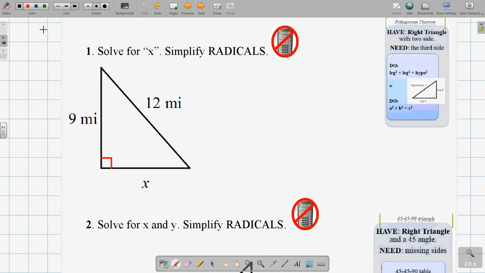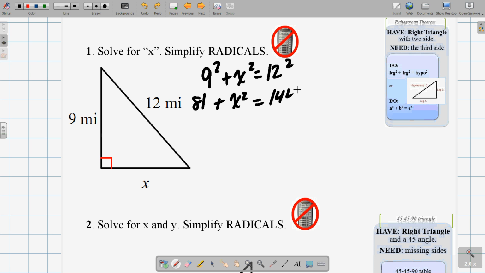So this first one, you should have had 9 squared plus unknown squared equals 12 squared. It's minus 81.